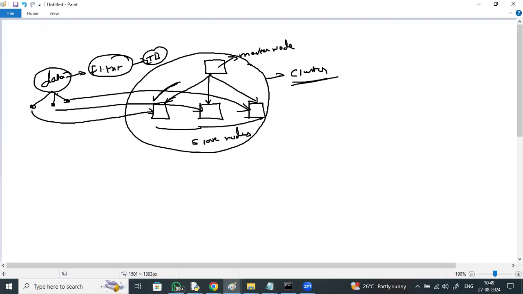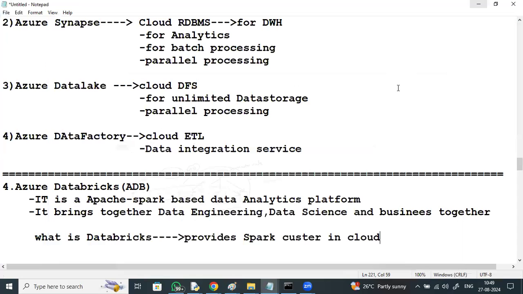Okay, fine. Understood what parallel processing is? So here, Databricks is going to provide a Spark cluster in the cloud.